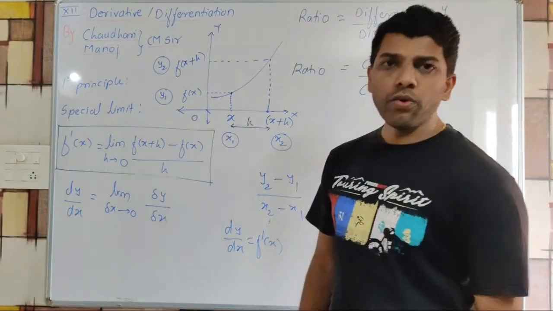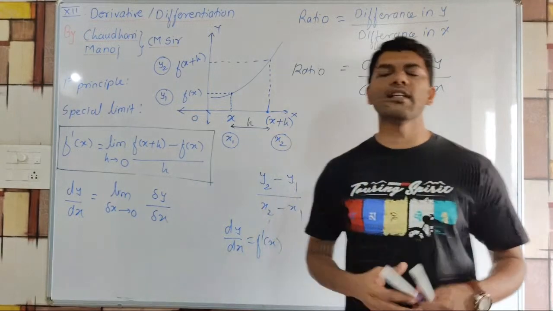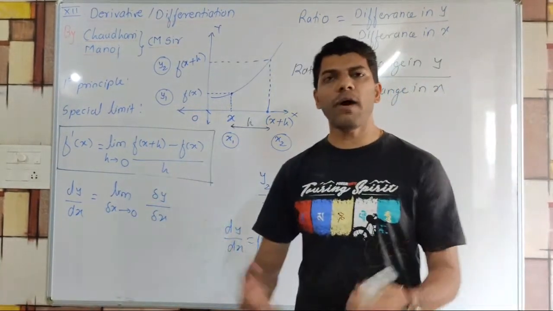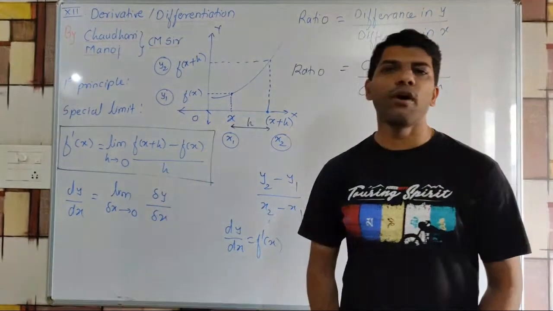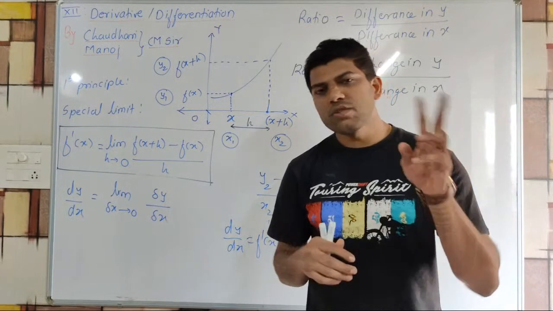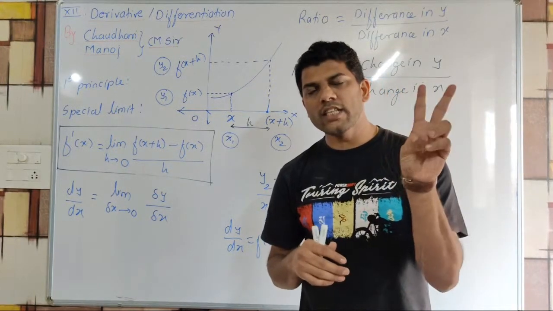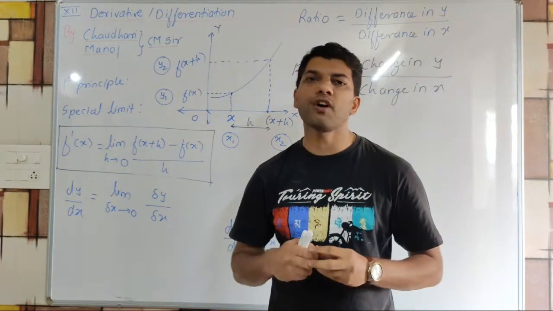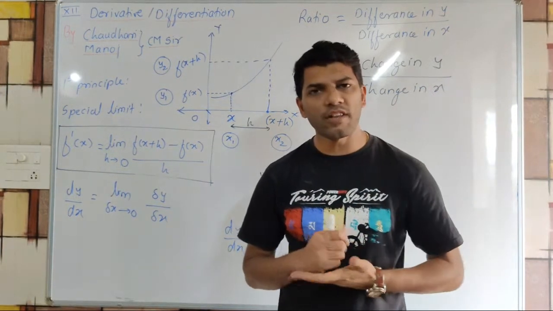So why two different symbols for one single concept? This is the concept of the derivative, but why are we facing these two different symbols? The reason is quite interesting, because two famous persons, one a physicist and the other a mathematician, worked on this concept of calculus, more specifically on the derivative.